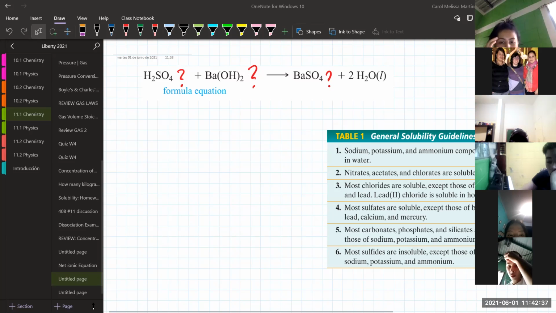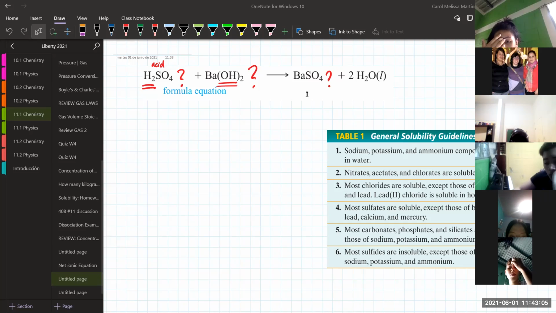Okay. So, first of all, I need to read in this table something about acids, because the first compound here is an acid. How do I know it's an acid? Because it begins with hydrogen. This tells me that this is an acid. The second compound has hydroxide ion.